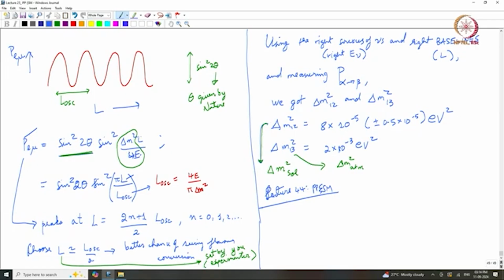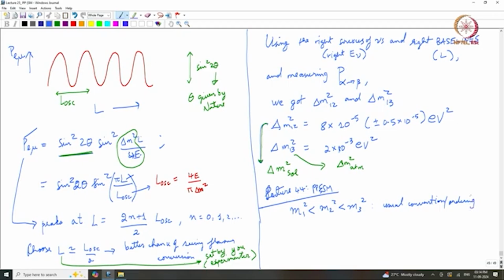So what do we mean by first and the second, first and the third? It necessarily means, by convention, that we say 1 is the lightest one, 2 is the second lightest, and 3 is the third lightest, the heaviest. But that is the usual convention, or the usual ordering.